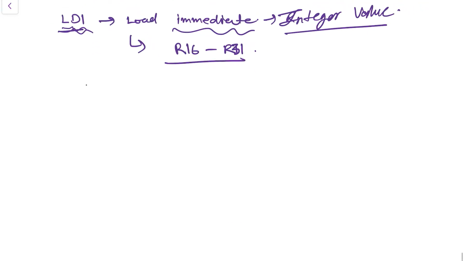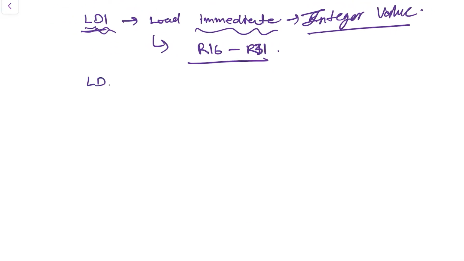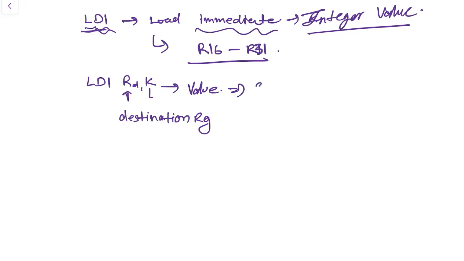Let's write this in the form of code: LDI Rd, K. This is the destination register, and here K is an integer value. This integer value is 8 bits long, so it can be stored as 255 in decimal or 0xFF in hexadecimal.